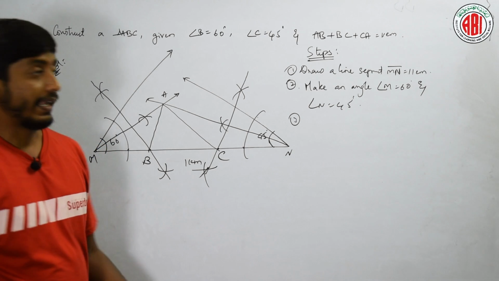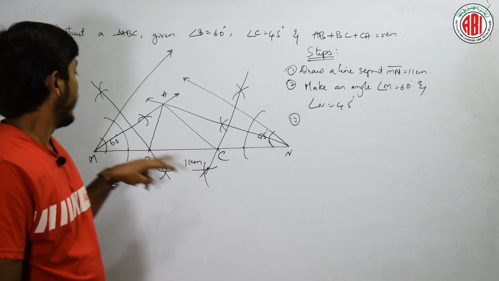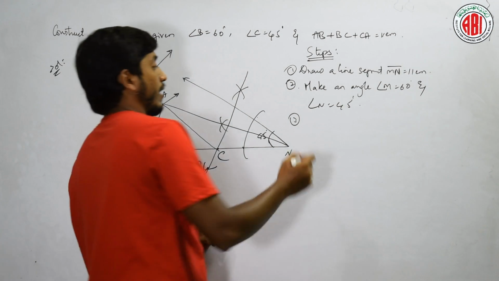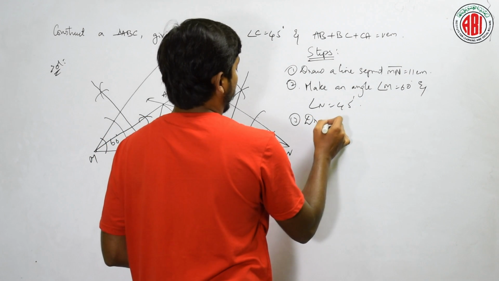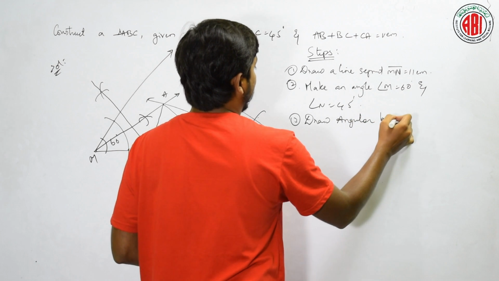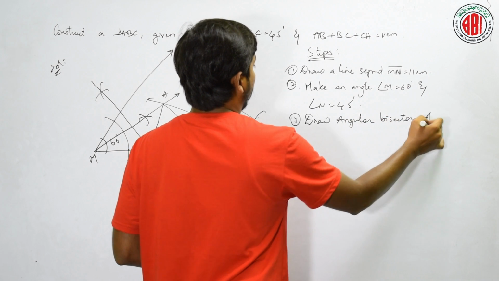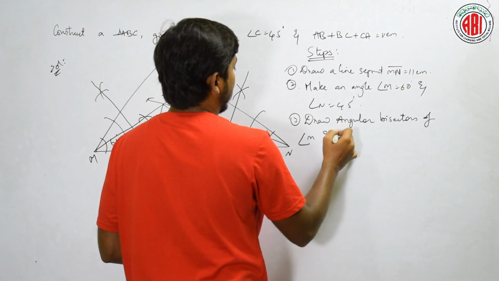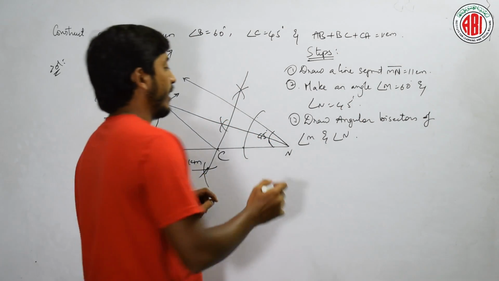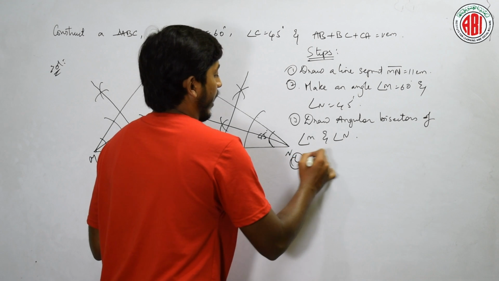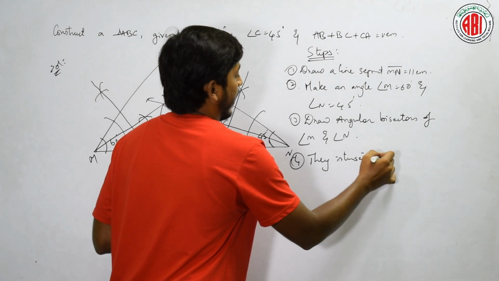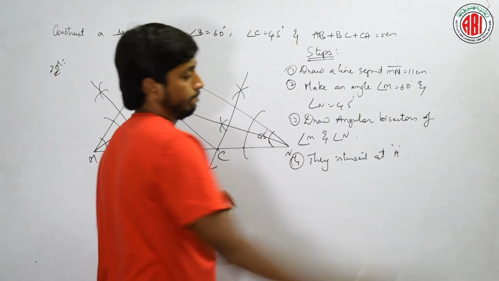Clear? Next, the next step will be draw angular bisectors of angle M and angle N. Clear? They intersect at a point A.